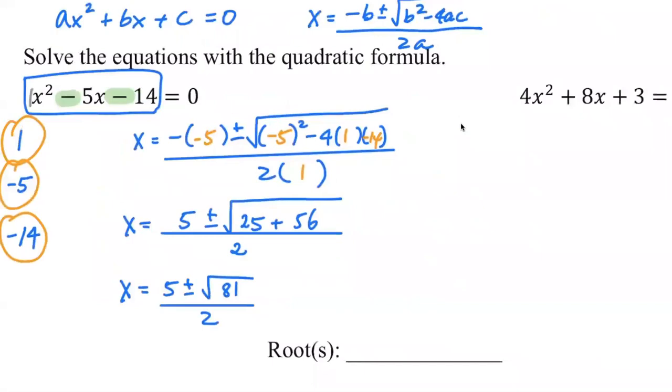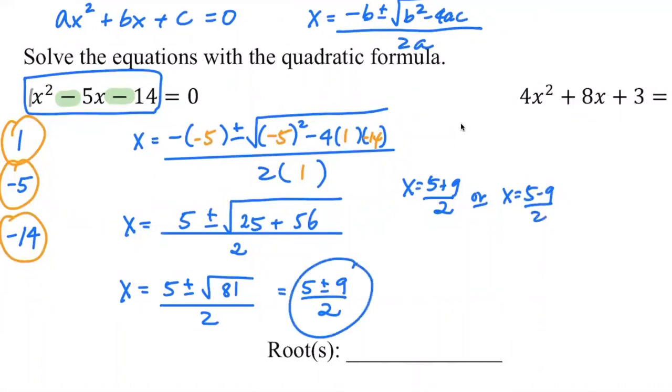And then we would say, hey, what is the square root of 81? That's actually 9. So we have 5 plus or minus 9 over 2. We can now go ahead and break down these two scenarios. We have 5 plus 9 over 2 and 5 minus 9 over 2.